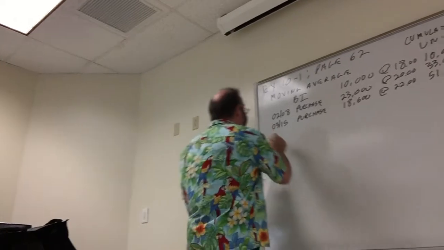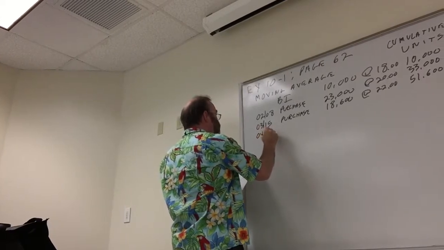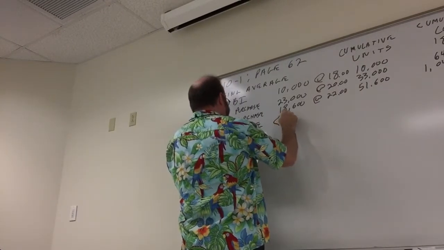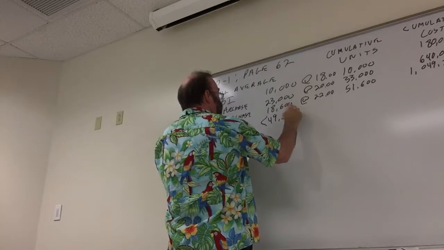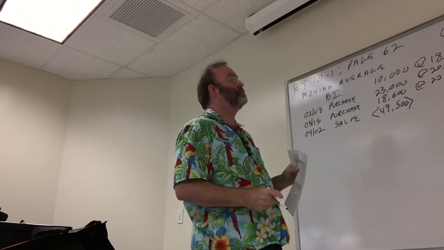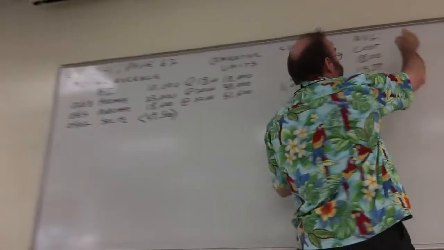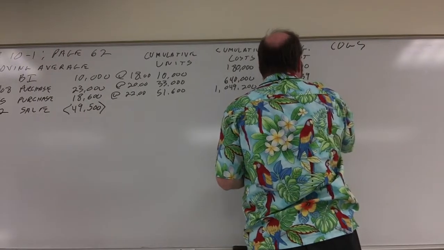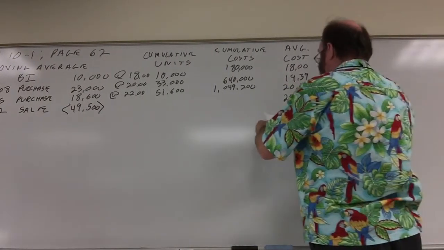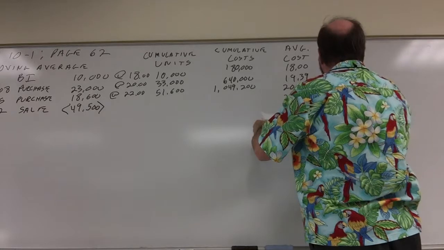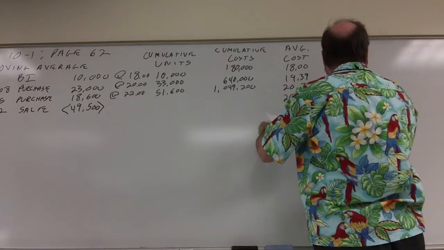Now we make a sale on April the 2nd. We make a sale of 49,500 units. Our average cost is $20.33. So cost of goods sold at the $20.33 is going to be $1,006,335.